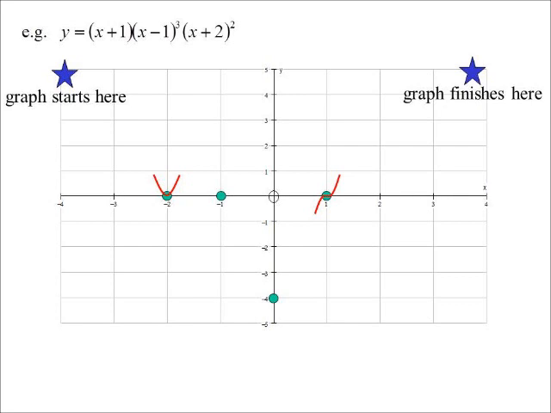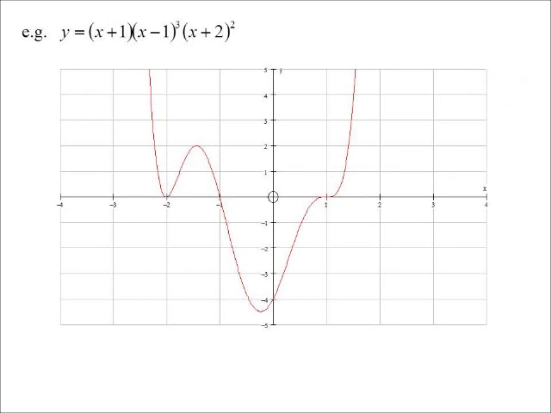We can pretty much complete the graph. Now those turning points, I used a graphing package, so it is quite accurate. Once we know a bit more about calculus, we can locate those turning points exactly. But for a rough sketch, it's not that big a deal. The main thing we're interested in at this stage is the shape, where it cuts the x-axis, that sort of thing.